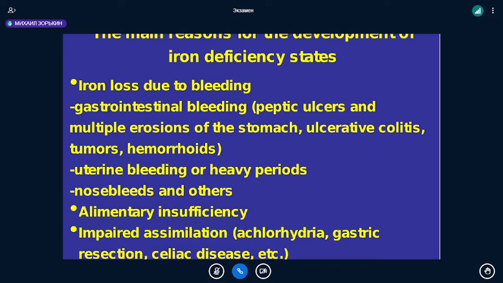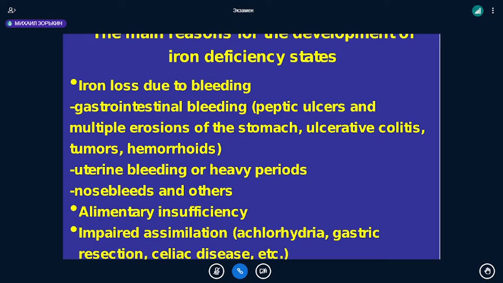The main reasons for iron deficiency could be bleeding, acute or chronic, gastrointestinal bleeding, most commonly uterine bleeding or menses periods, nosebleeds.